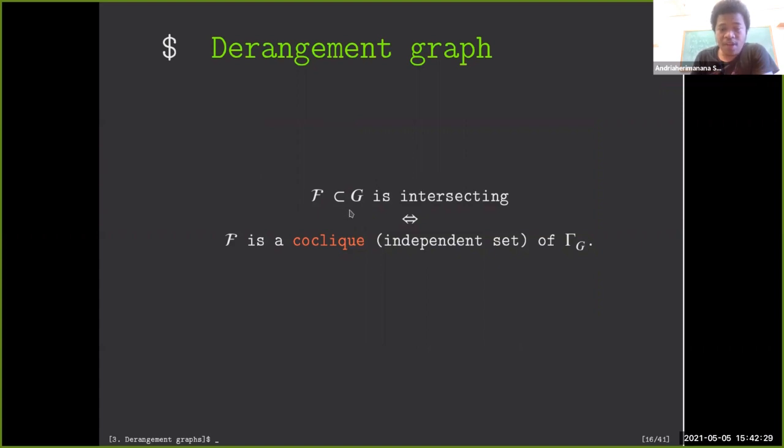If F is an intersecting family of G, then F corresponds to a co-clique of the derangement graph and vice versa. So now the problem of finding the maximum intersecting family in a group G becomes a graph theoretical problem about the independence number.